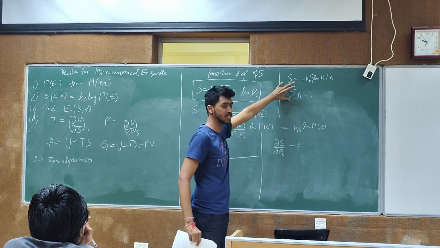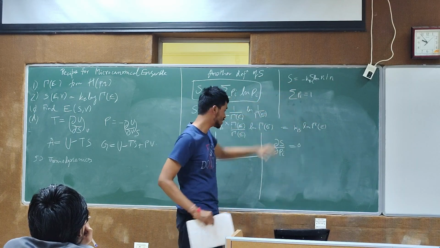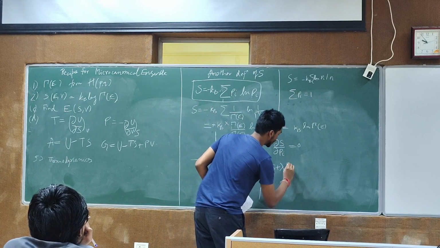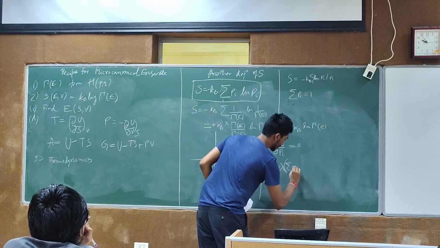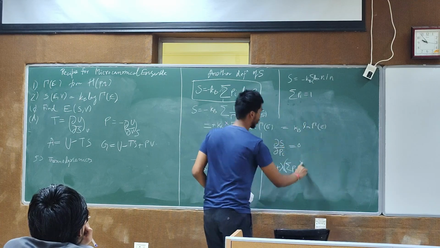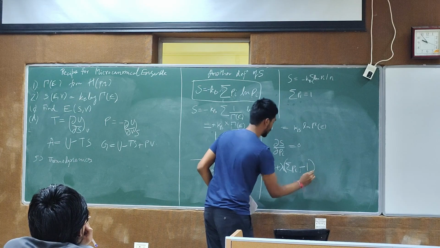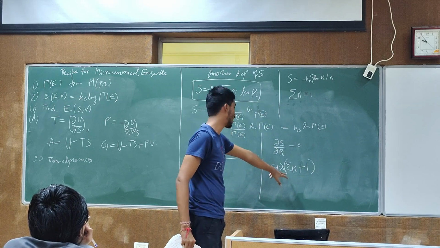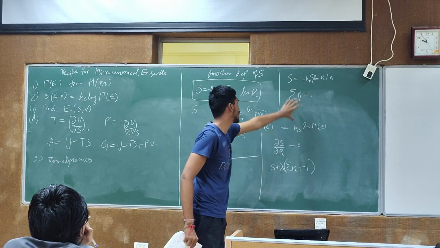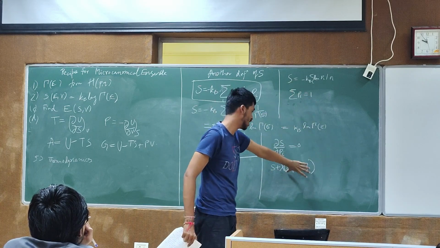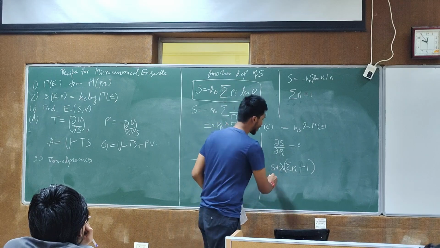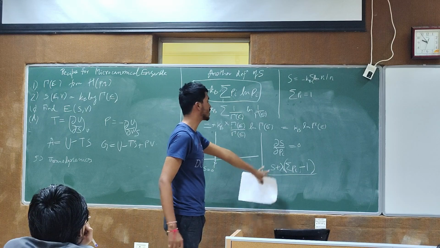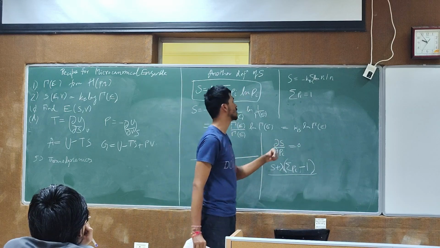So subject to this constraint, you take S and take some undetermined lambda, multiply by the constraint equation, and you maximize this function with respect to p_i.